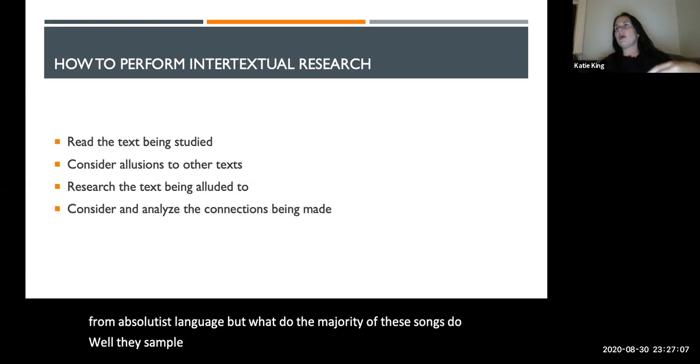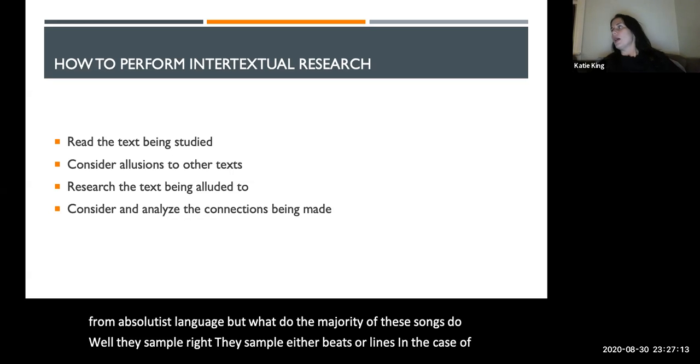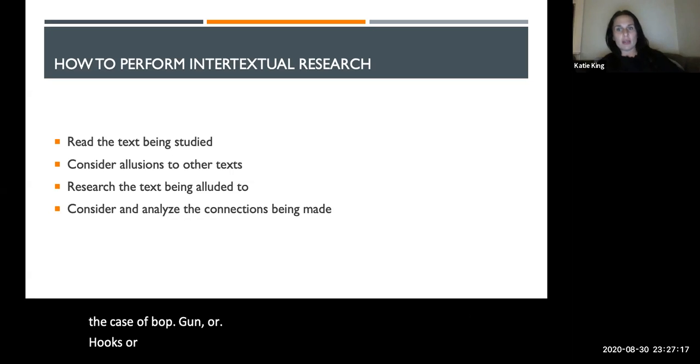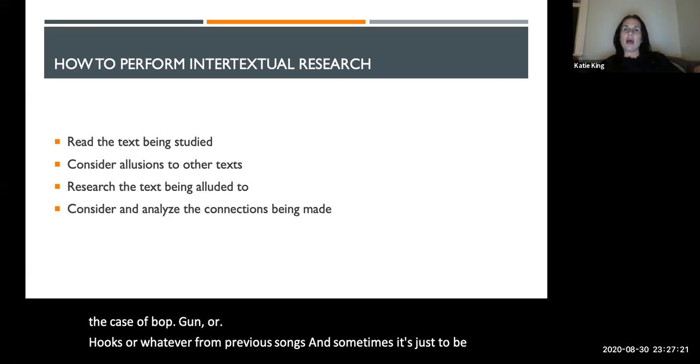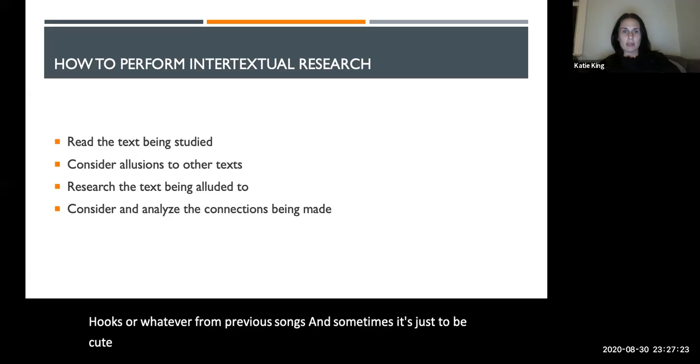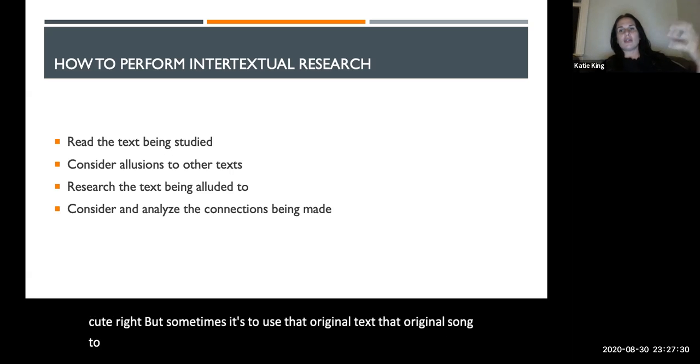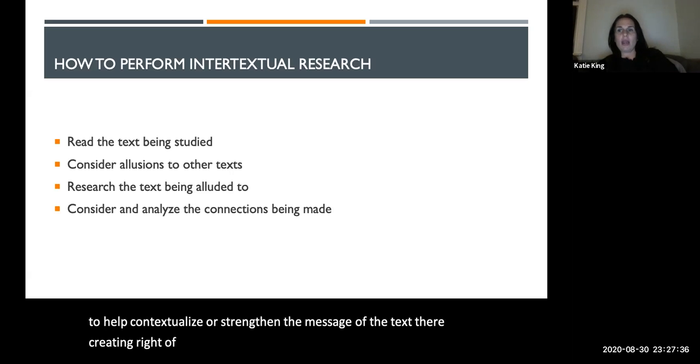They sample either beats or lines in the case of Bop Gun, or hooks or whatever from previous songs. And sometimes it's just to be cute, right? But sometimes it's to use that original text, that original song, to help contextualize or strengthen the message of the song they're creating.